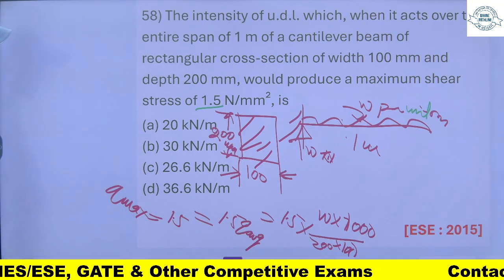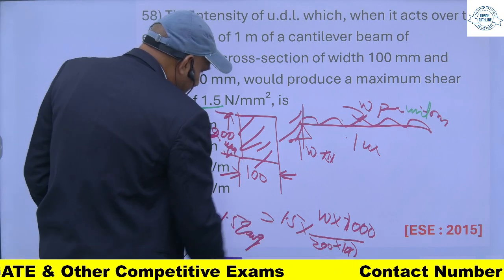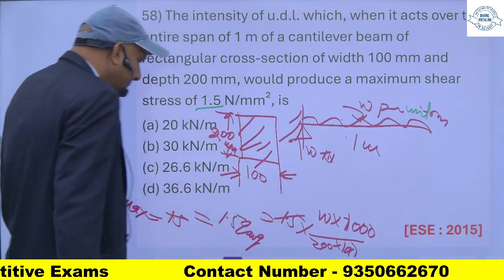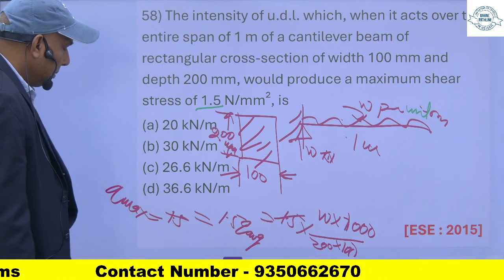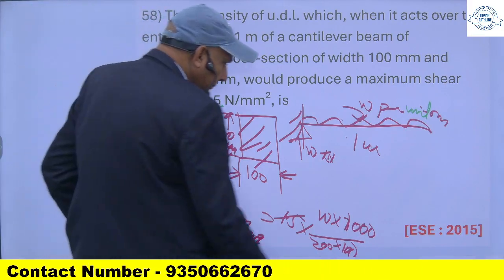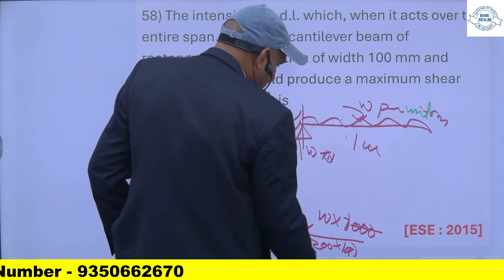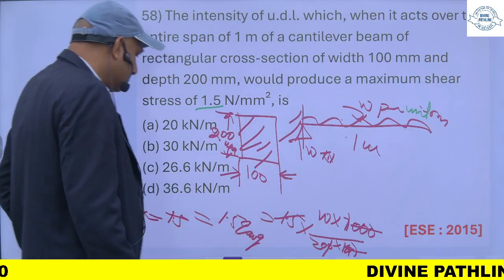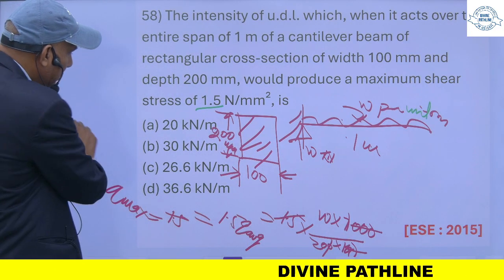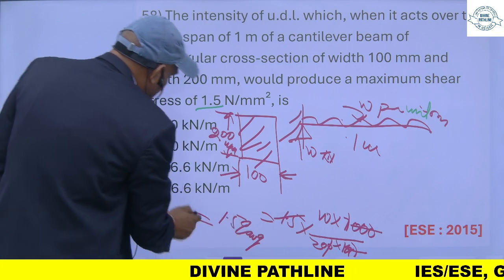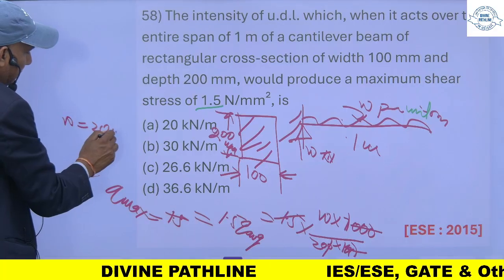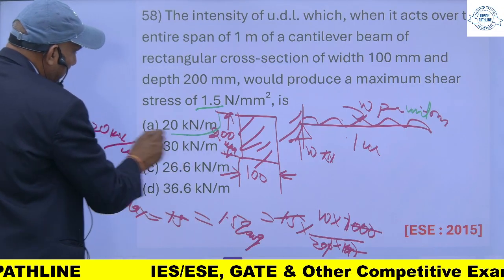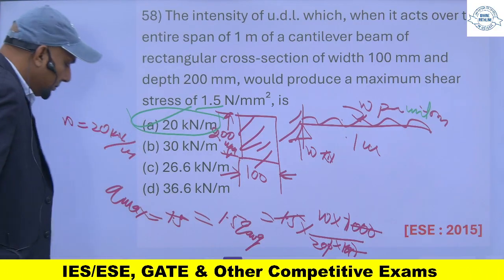Now this 1.5 and 1.5 cancel each other, so W will be 20 into 1. So we will get 20 kilonewton per meter. This one is the right option.